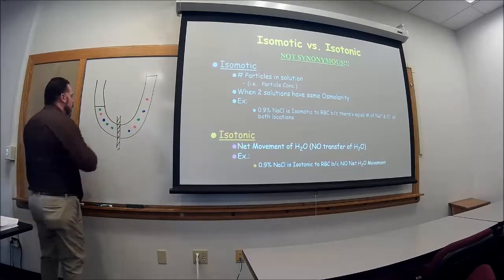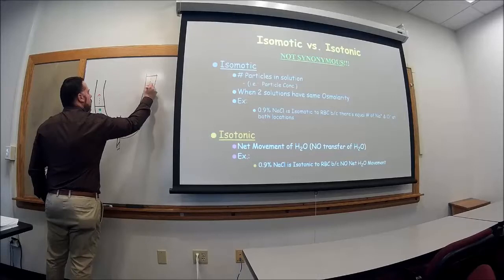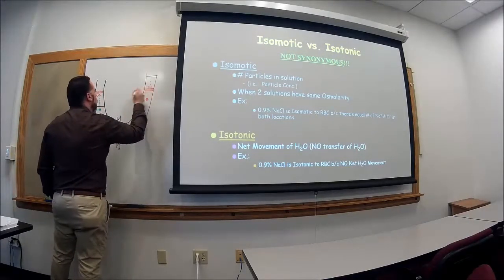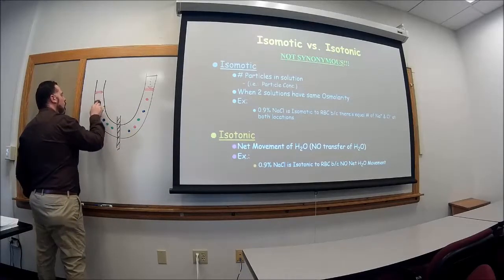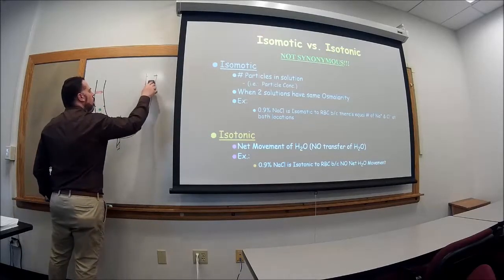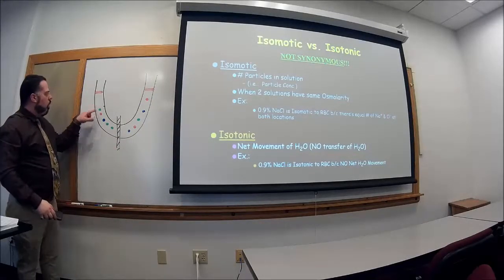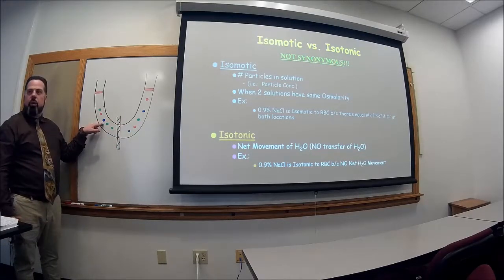So when this happens, the water is going to shoot up here, it's going to shoot down here, so that the level's here and here. Now, there's 5 particles here, 5 particles here, and the same number of water molecules here as there is over here.